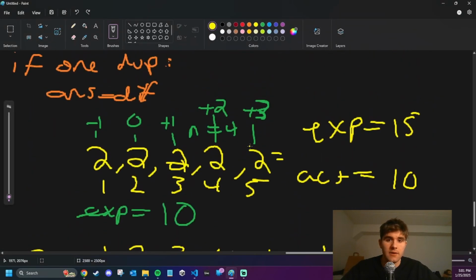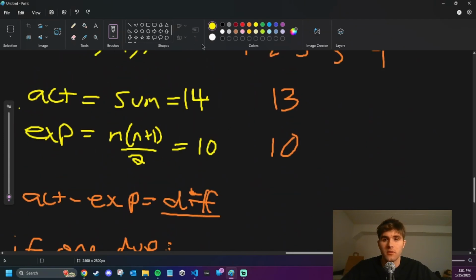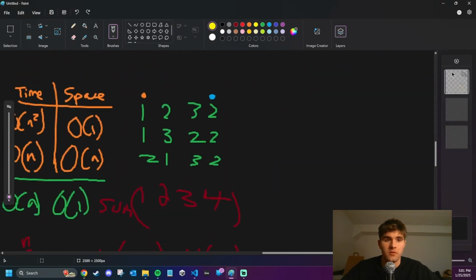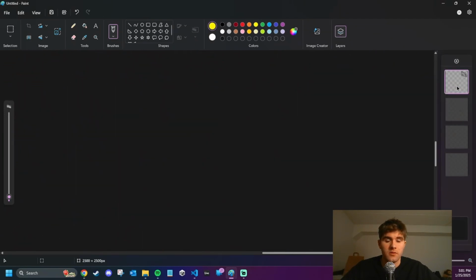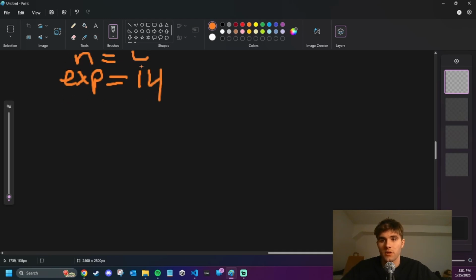So then, given that the expected is 14, so let's say n is 4. The expected is 14, and then the actual is 10, then we know there's an extra 4.